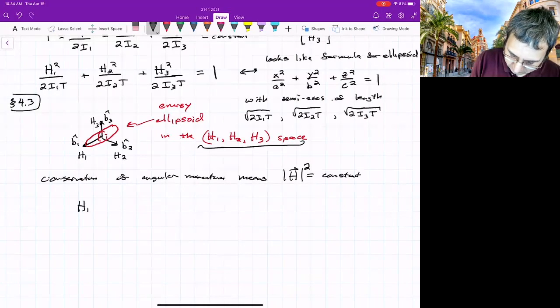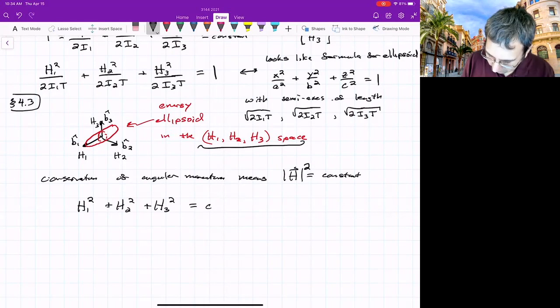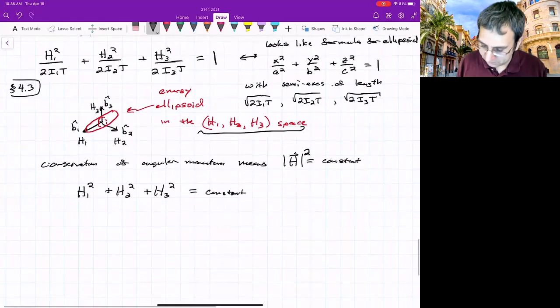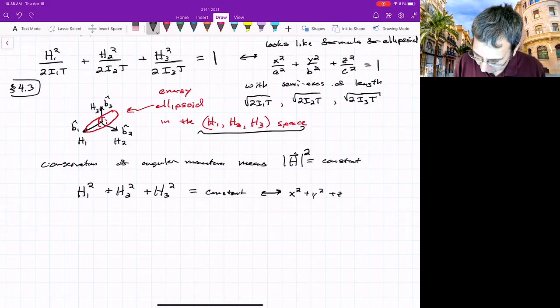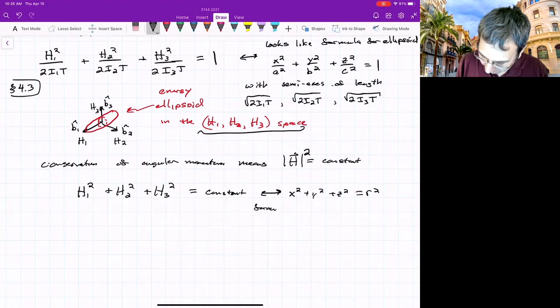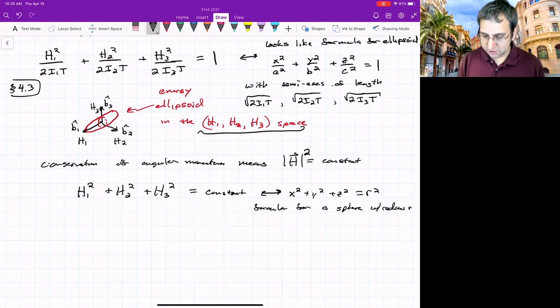So we've got H1 squared plus H2 squared plus H3 squared equals some constant. It looks like x squared plus y squared plus z squared equals something constant. Let's call it r squared. It's the formula for a sphere with radius r. Here, r is just the magnitude of the angular momentum.